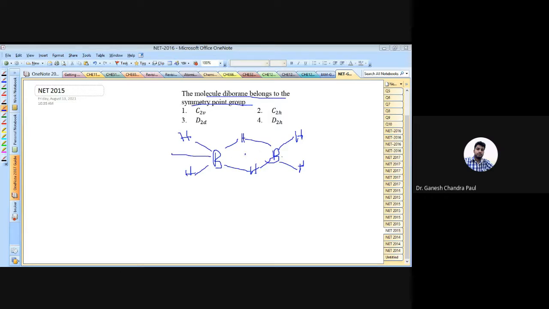There is a perpendicular C2 axis. Then you have sigma v along the C2 axis, and another sigma. So what is the final group then? D2h. Yes.